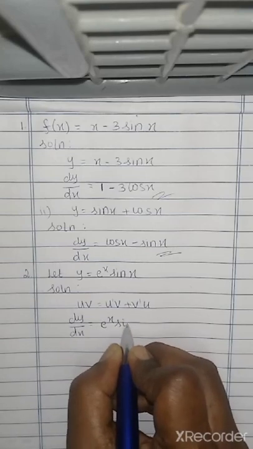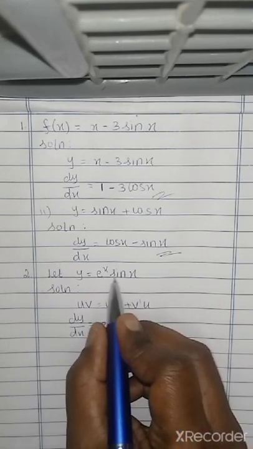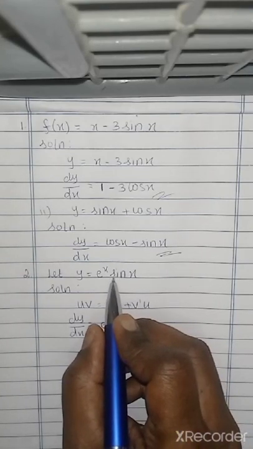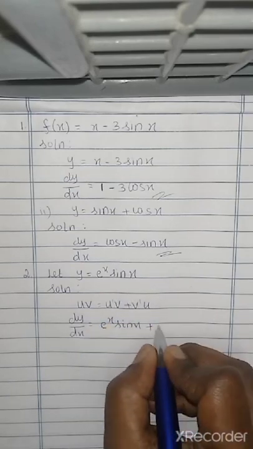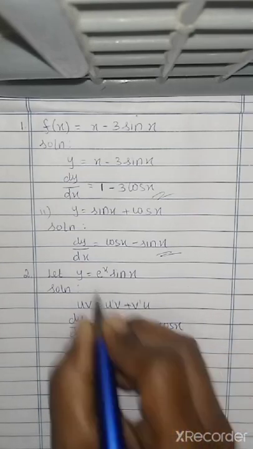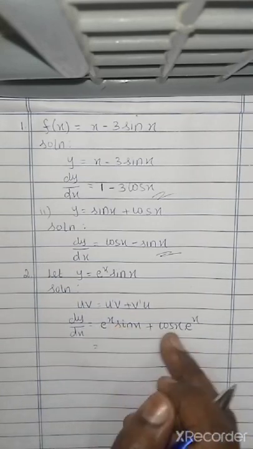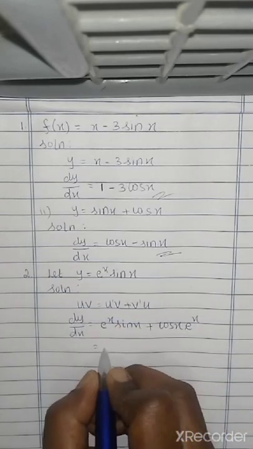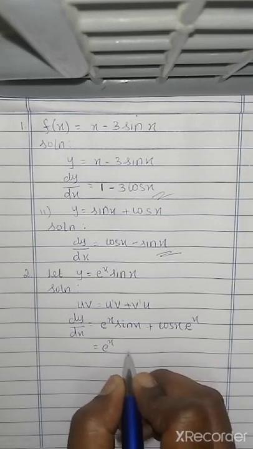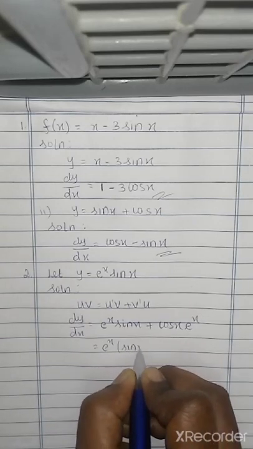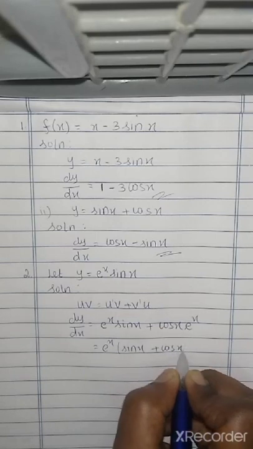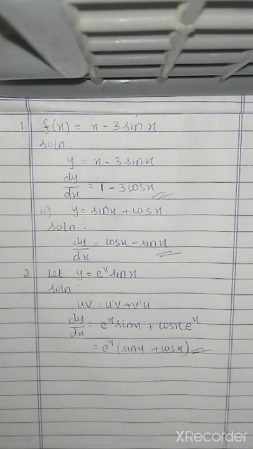Keep sin x as it is. Plus differentiate the second function. Sin x differentiates to cos x, keeping the first function as it is. Now e power x is common on both sides, so taking e power x common, you will get sin x plus cos x. That is your final answer.